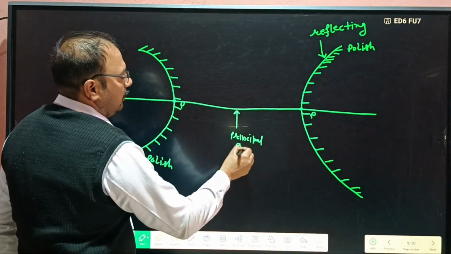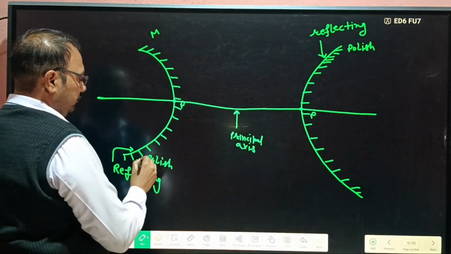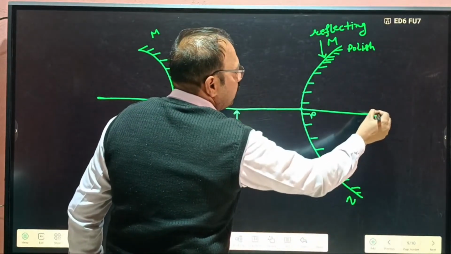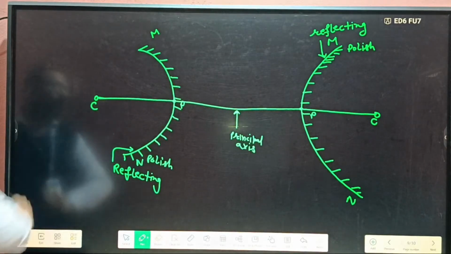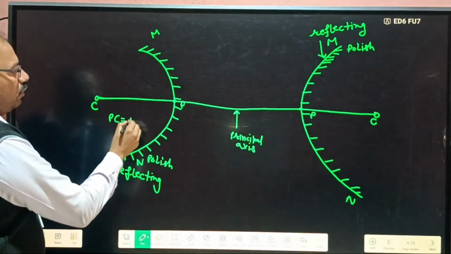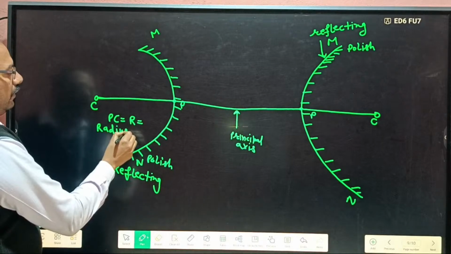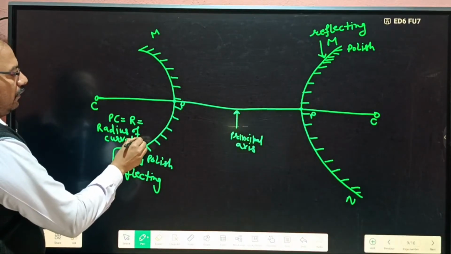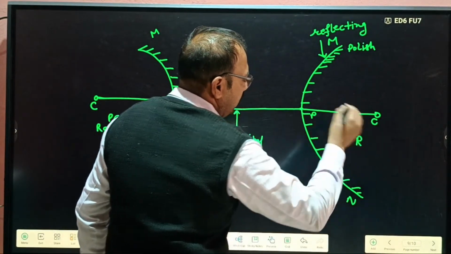MN is the aperture. This is known as the center of curvature. So here PC is equal to R, the radius of curvature.